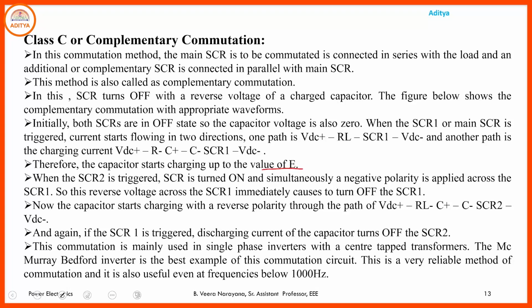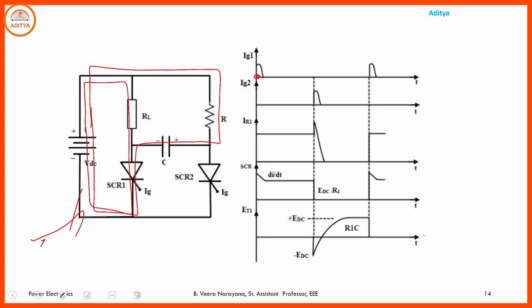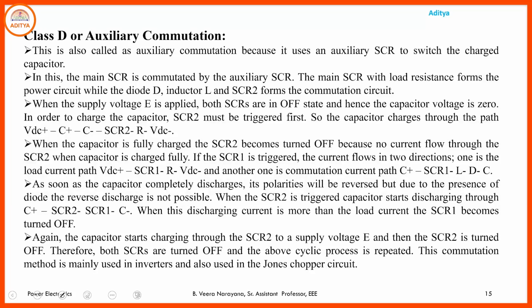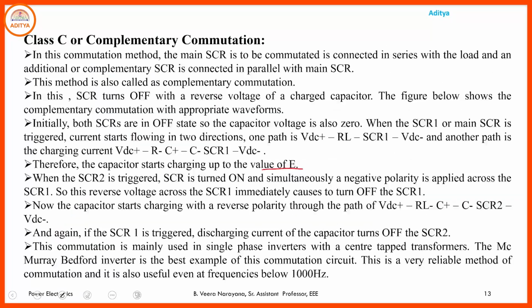Then we provide the gate pulse to the second SCR at this instant. Up to then there was some voltage and some current flow through the load. Whenever you provide the control signal to the second thyristor, what happens here?